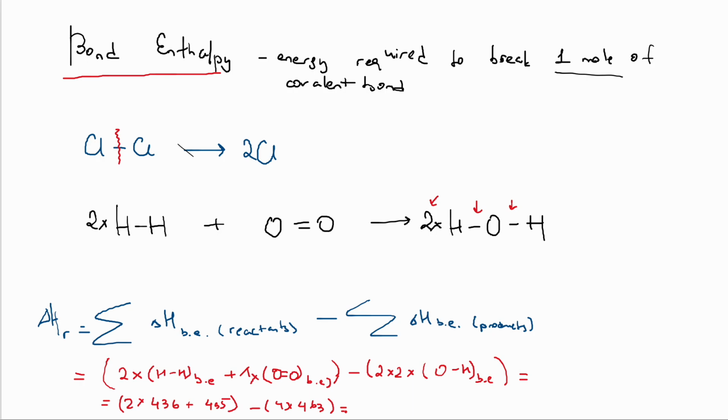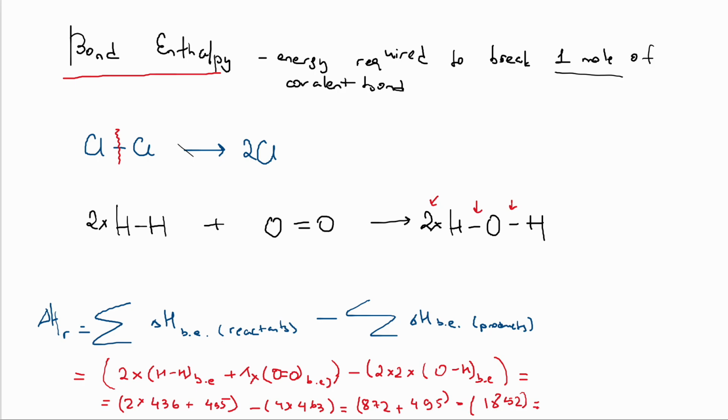So let's try to calculate. 2 multiplied by 436 is 872, plus 495, minus 4 multiplied by 463, so minus 1852.